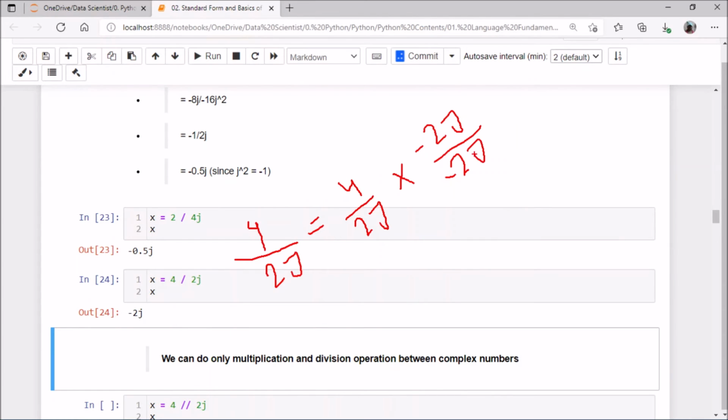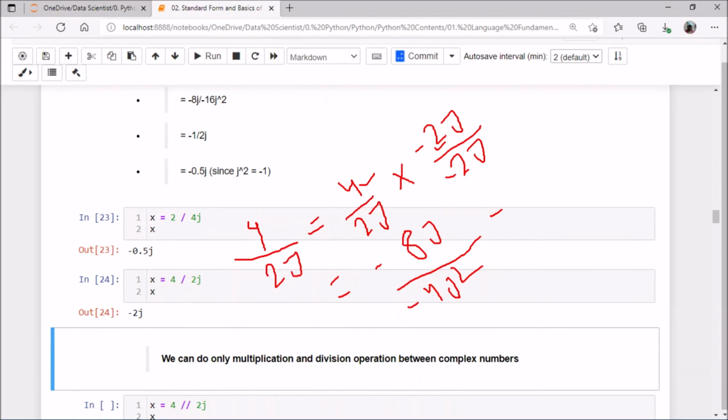So this is the form of how to divide complex numbers. When you multiply 4 into minus 2j, it will become minus 8j, and then 2j into minus 2j is minus 4j square.